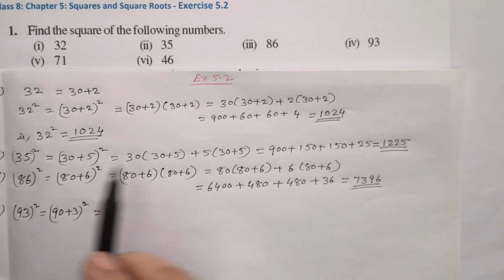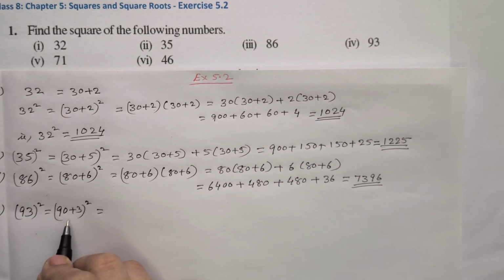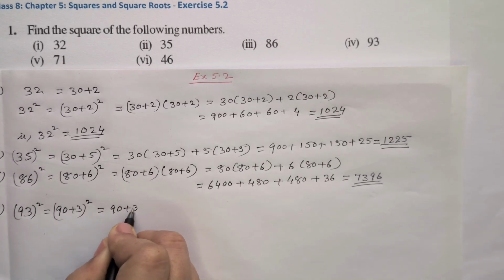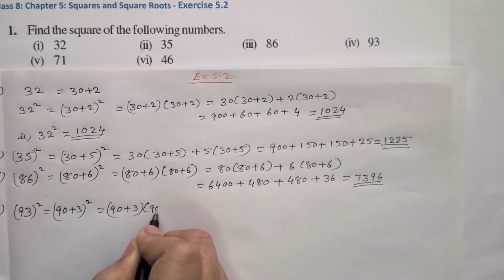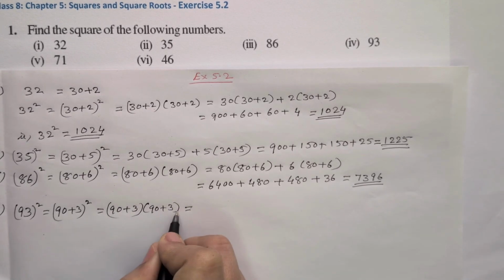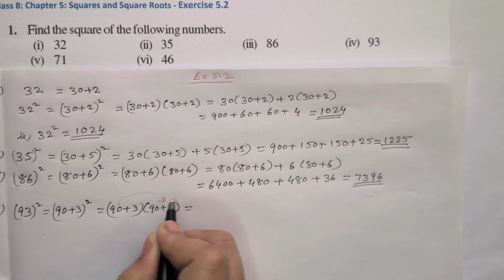Next number 93. 93 the whole square is equal to 90 plus 3 the whole square, which means 90 plus 3 two times, which is equal to first term into the second bracket. We are multiplying this way.